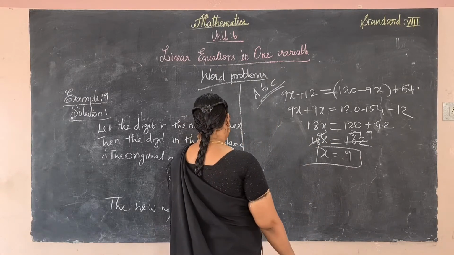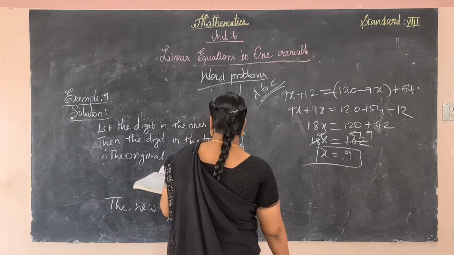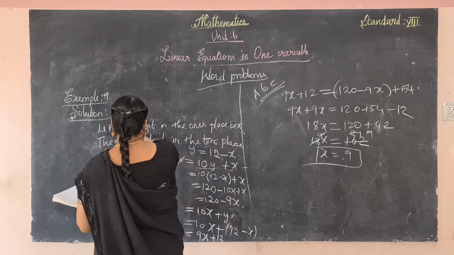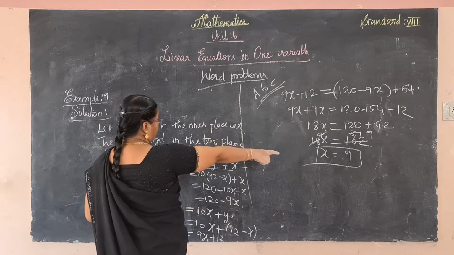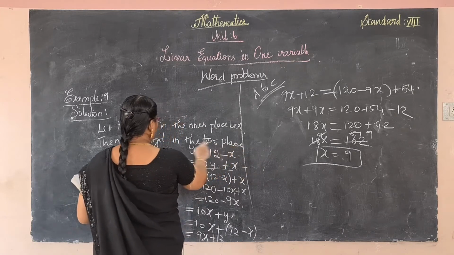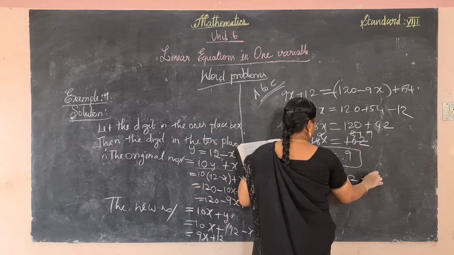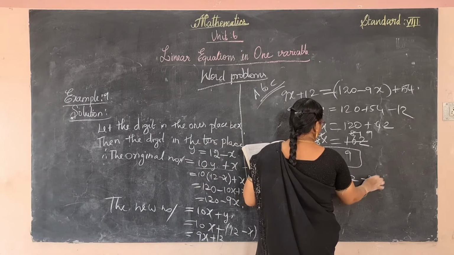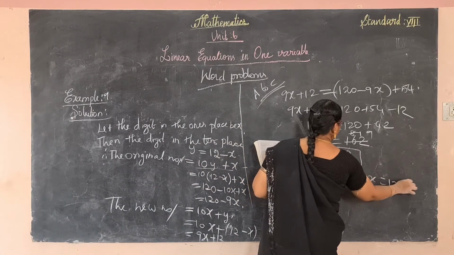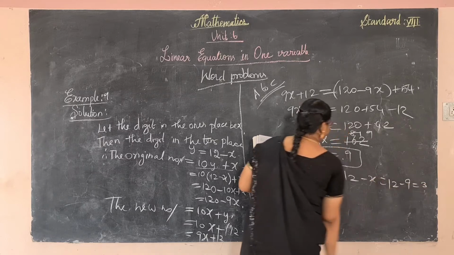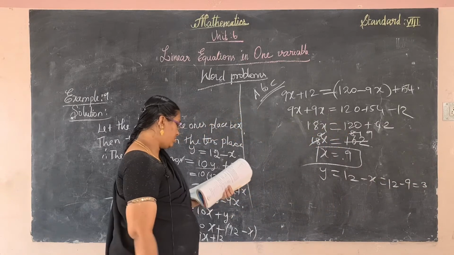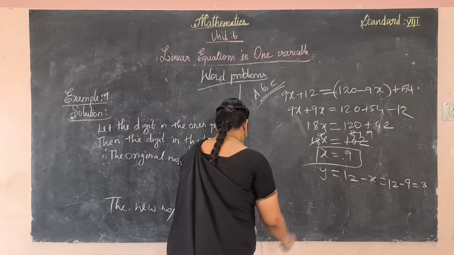Therefore, x is the digit in the ones place, which we have found. Now the tens place: y equals 12 minus x. So 12 minus 9 is equal to 3. So the tens place is 3.